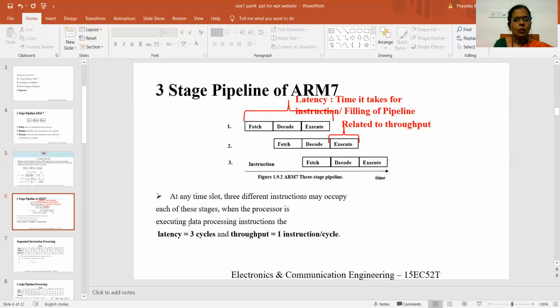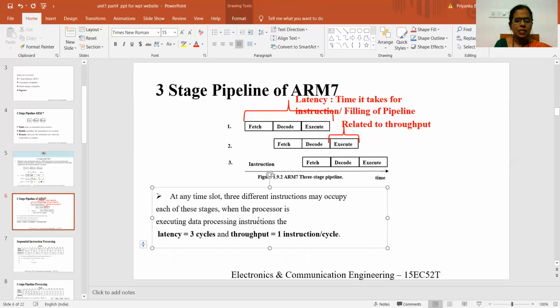This is only for data processing instructions, not for other instructions. And what is throughput? After the third cycle, we get 1 instruction execution per cycle.